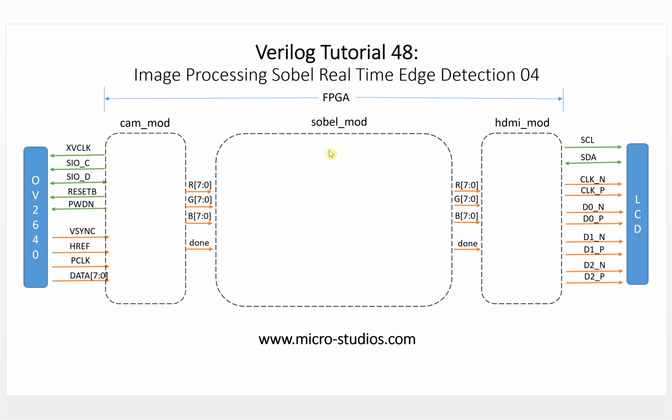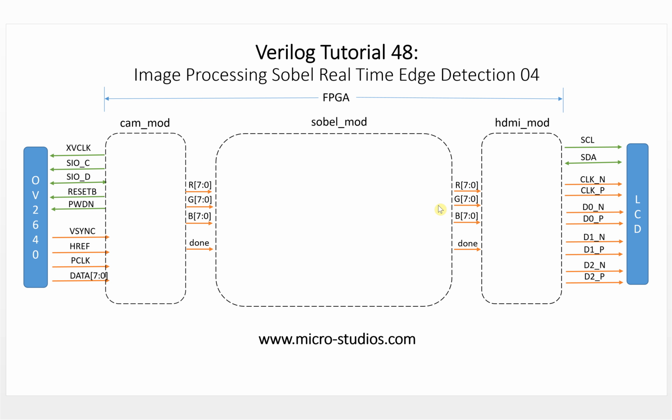The next module is the Sobel module. The Sobel module takes in the pixel data and does the Sobel algorithm calculation, and then outputs the RGB data for the HDMI module.